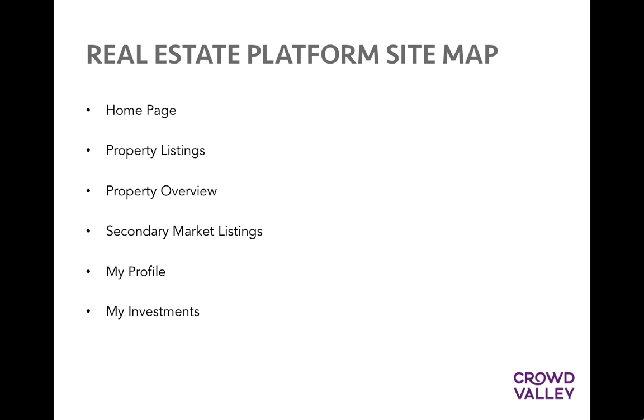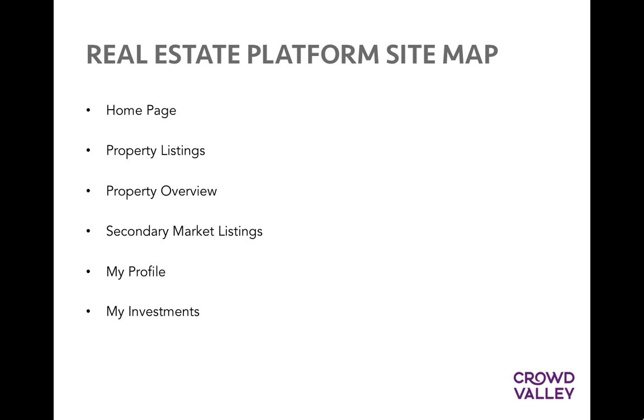So a typical real estate platform sitemap would have these sections to it, and this isn't an exhaustive list by any means. This is really just a base level or a minimum, perhaps.